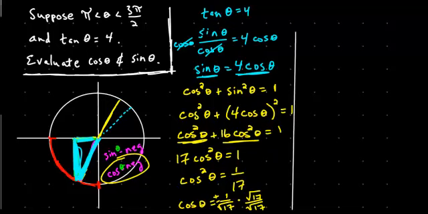So I get that cosine theta equals a negative square root of 17 over 17.